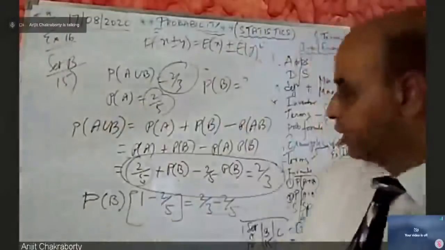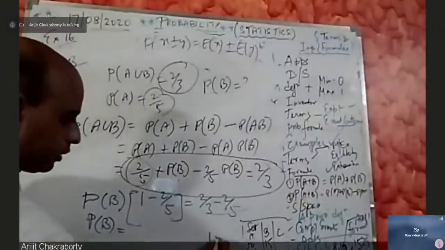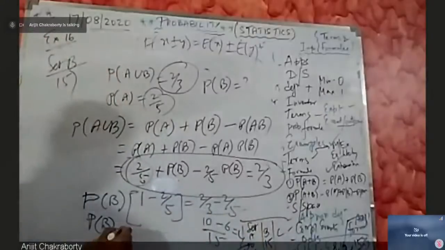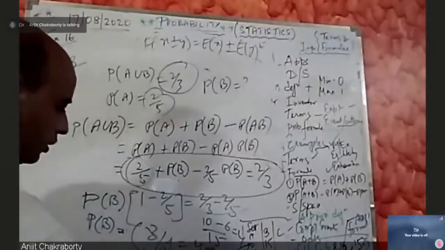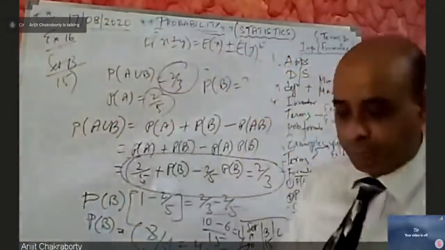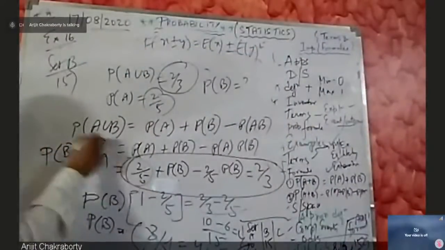Solving, 2/3 minus 2/5 is (10 minus 6)/15, so 4/15 on the right hand side, and here you have P(B) into 3/5 equal to 4/15. So P(B) will be equal to 4/15 into 5/3, which is 4/9. Question number 15, my answer is coming 4/9.